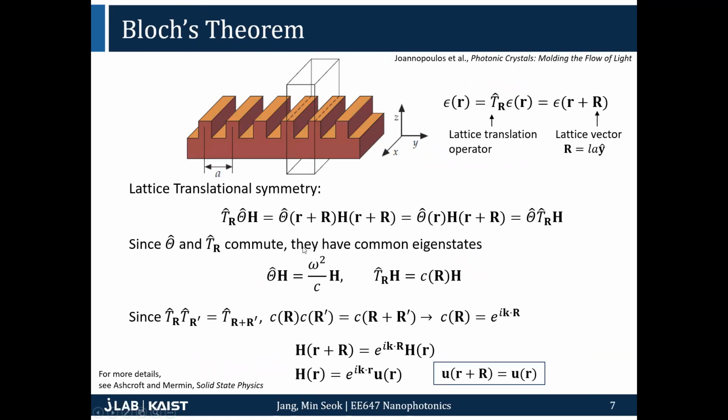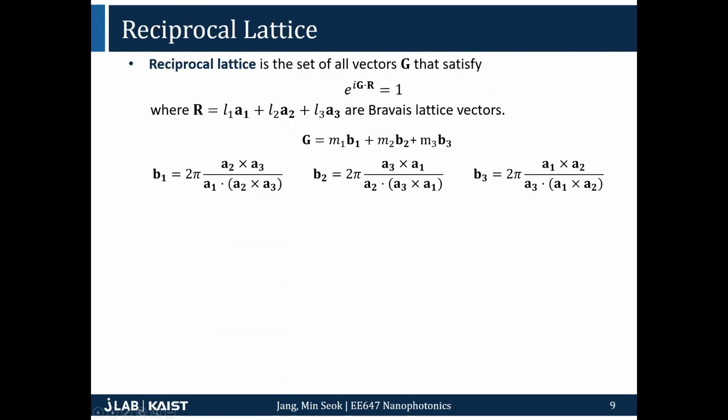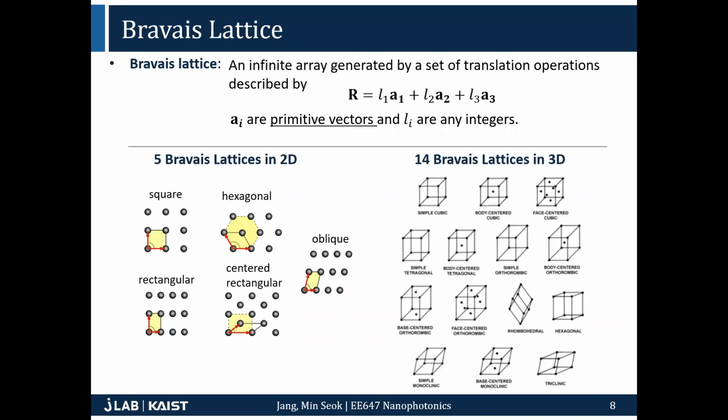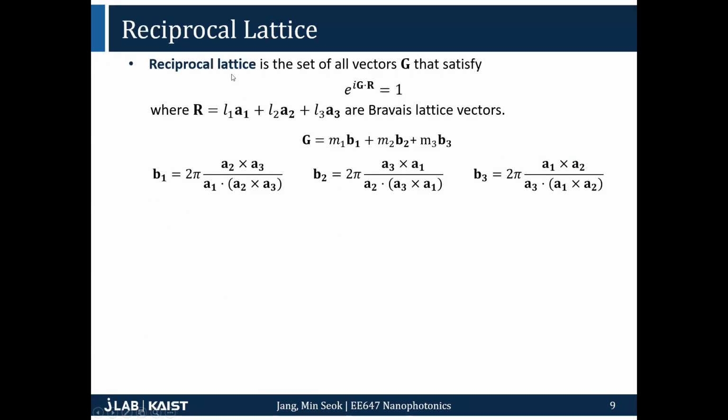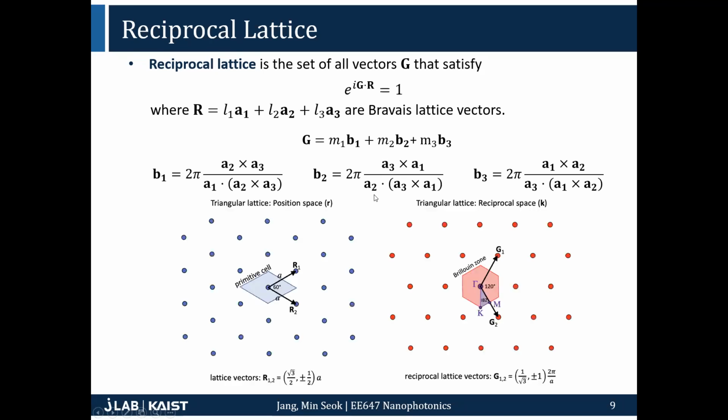And then we proved this Bloch's theorem, and we introduced a few definitions about lattices. A Bravais lattice is just an infinite array generated by a set of translation operations described by primitive vectors, like A1, A2, A3 in this case. We also defined the reciprocal lattice, which is basically a Fourier transform of the real lattice.